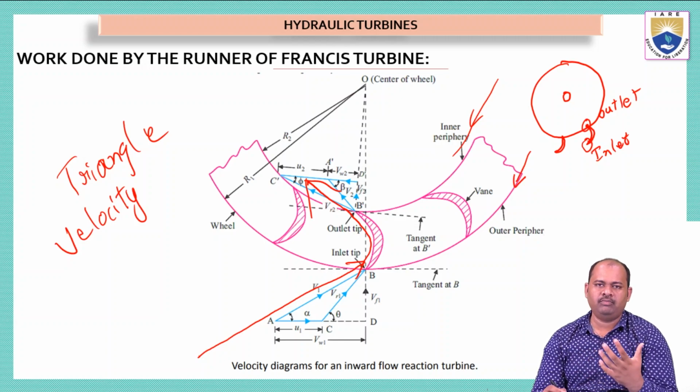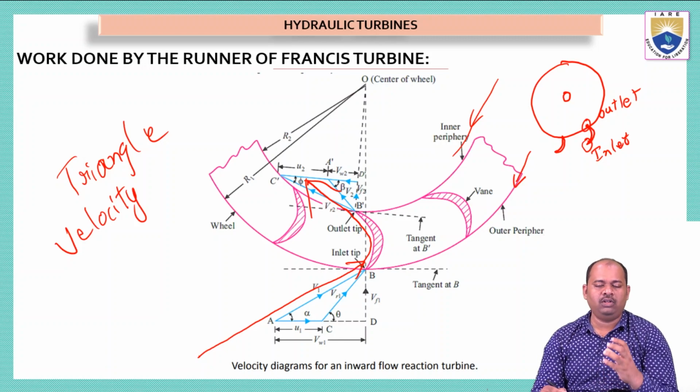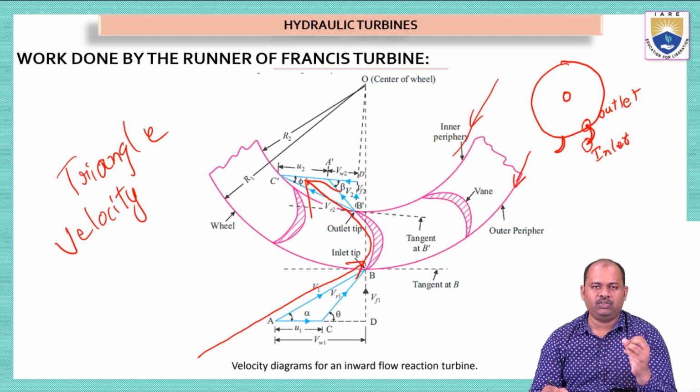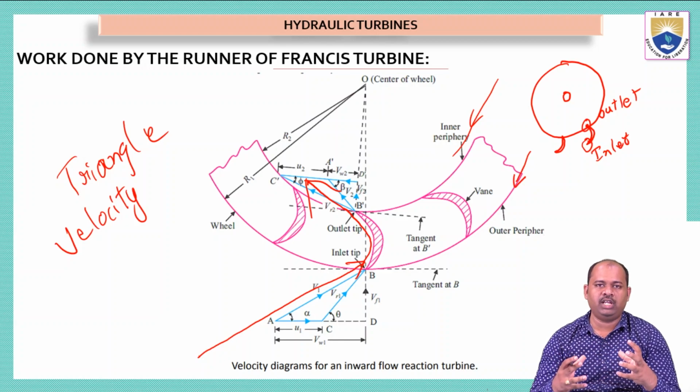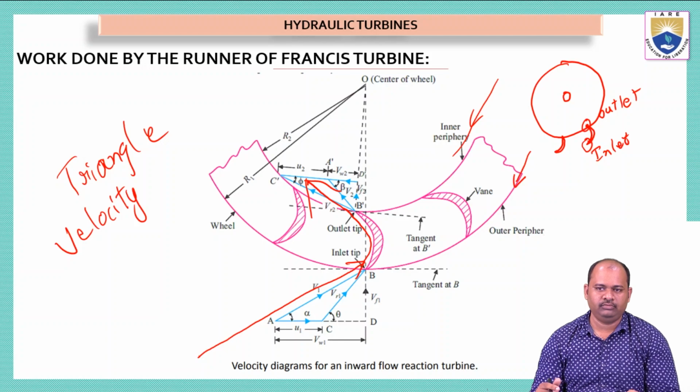Now when we have number of vanes that are attached to the periphery of the turbine, like 16 to 24 is the minimum number of vanes that can be attached to any kind of a Francis turbine. Now all these vanes will try to move in a particular direction which will rotate the entire runner in clockwise or anti-clockwise direction. Now in this case we are taking the runner movement to be in anti-clockwise direction.